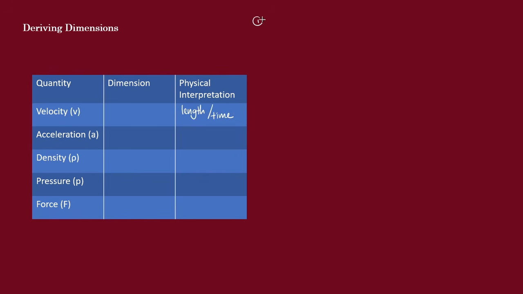There are fundamental units for length and for time, but since we're deriving dimensions, we deal with the dimensions of them. The fundamental dimension of velocity is going to be, remember that of length was L, L over T.